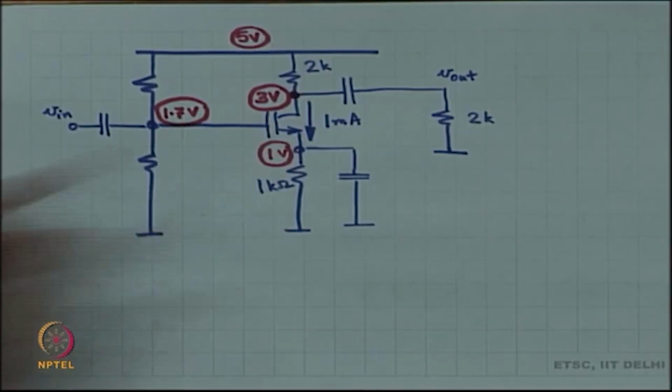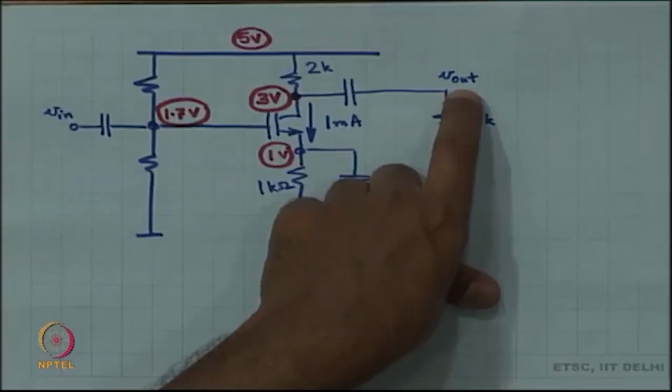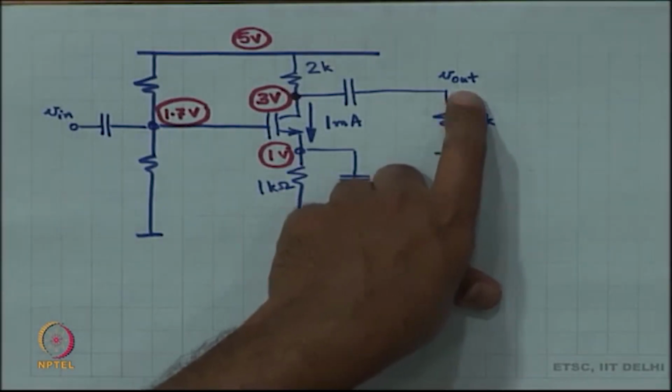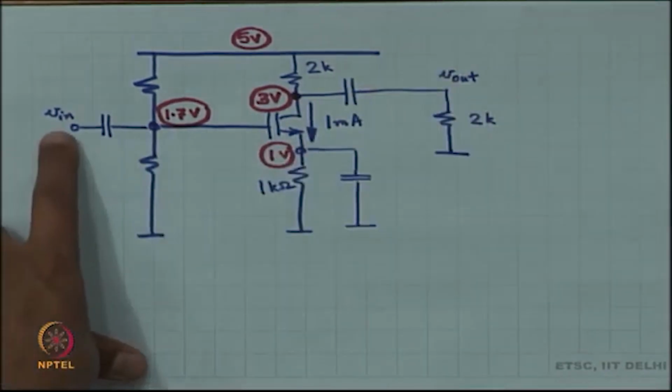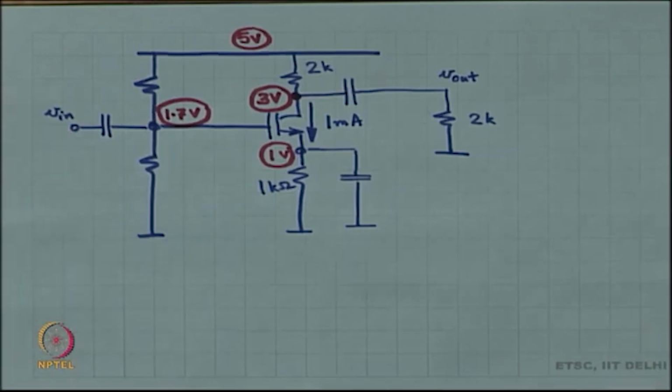I am assuming output impedance of the MOSFET to be infinite, RDS is infinite, let us say. So, the gain is still minus 10, all right, in which case if I decrease the output voltage by 10 millivolt, I will have to increase the input voltage by 1 millivolt, that is what it means.